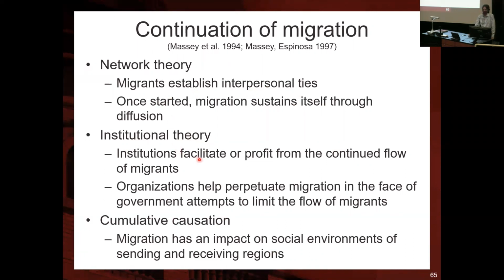Institutional theory: institutions facilitate or profit from the continued flow of migrants. Organizations help perpetuate migration in the face of government attempts to limit the flow of migrants. A really clear case of a historical fact that made forced migration here in the US is exactly from Africa to the US.